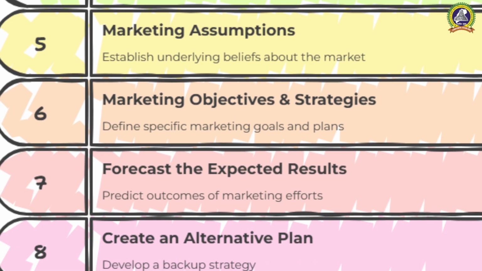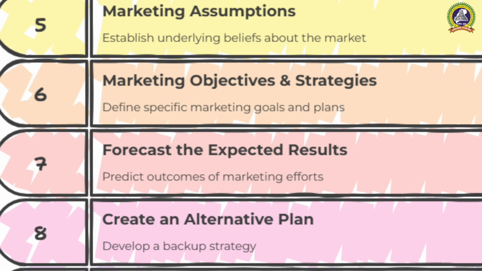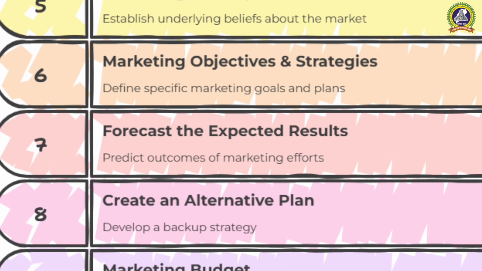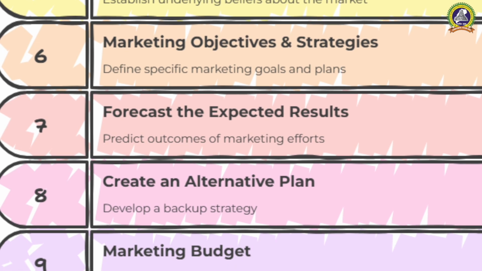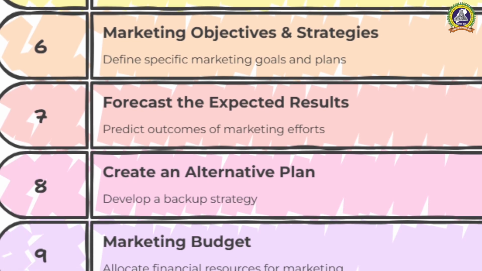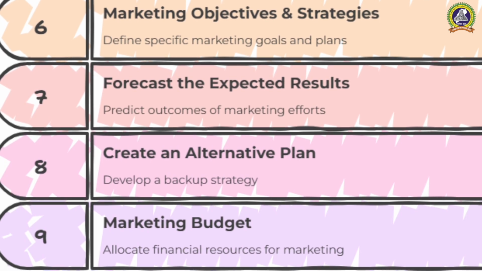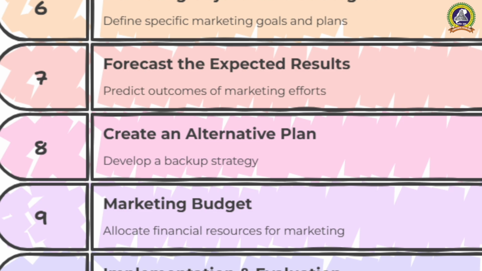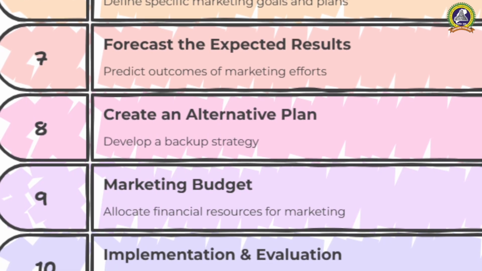As a safeguard, we also prepare our alternative plan to act as a contingency. Next, we secure a marketing budget to ensure that all planned activities are adequately funded. And finally, we move into the twin stage of implementation, where the plan is put into action, and evaluation, where we monitor and control performance.